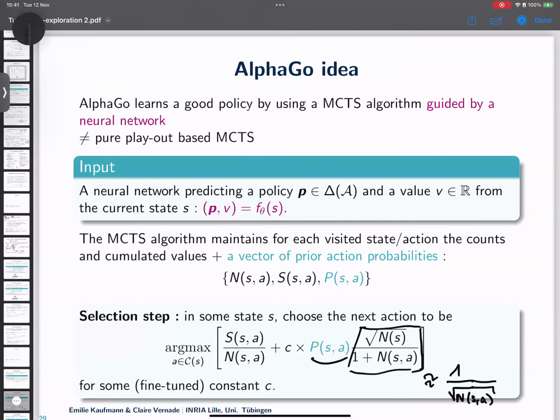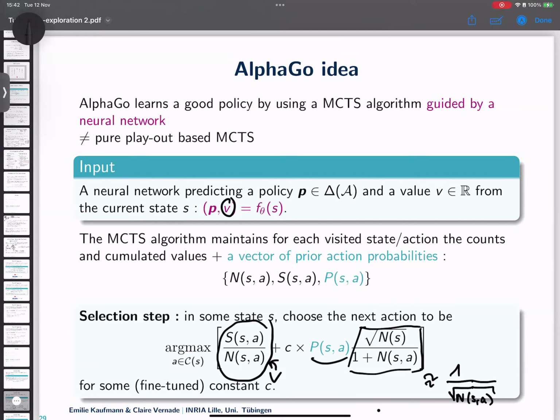The score function that AlphaGo uses to explore the tree uses not only the current estimation of the score, which incorporates the V, but it's some sort of mixture between V and all your observations as you start seeing observations from this node.